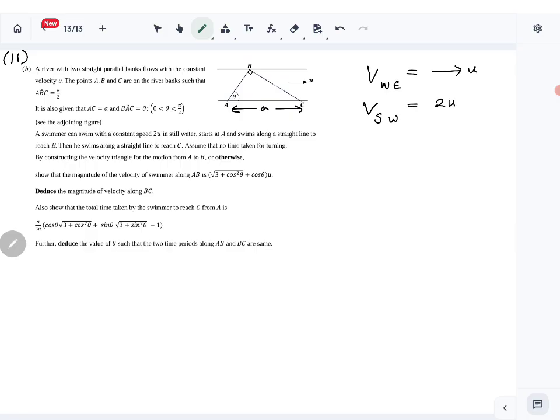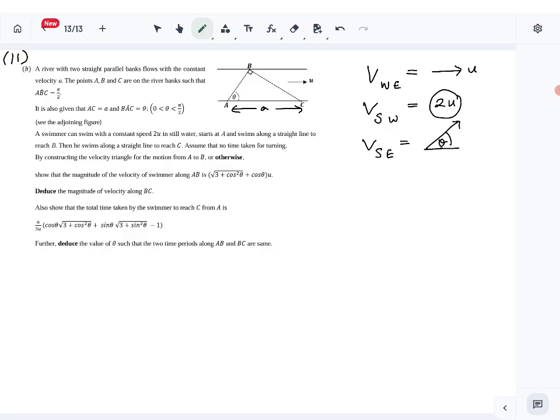Do we know the direction? No, we don't know the direction, so let me put a circle there. We want to find the magnitude of the velocity of the swimmer along AB. So we know the swimmer's velocity relative to earth should be at theta angle to the horizontal, right? So those are the things we know.